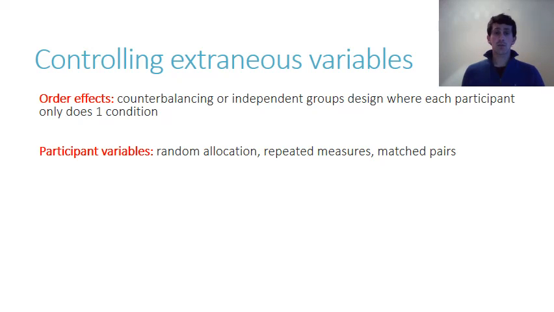For participant variables, random allocation is probably the best thing we can do as psychologists. Although it doesn't necessarily guarantee you that the groups are going to be completely different, or you're not going to get all high IQ in one group and low IQ in another. With random allocation, it does sort of ensure that you're going to have a completely random group of people in each of your groups.